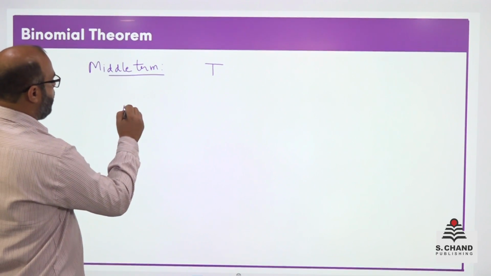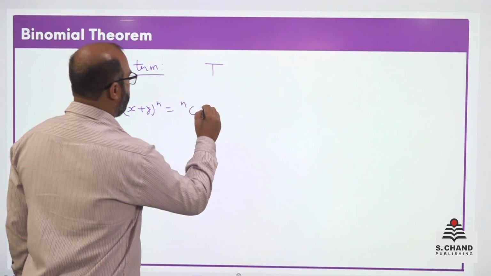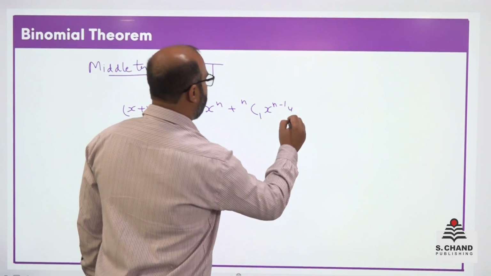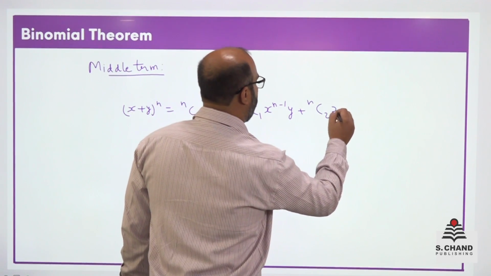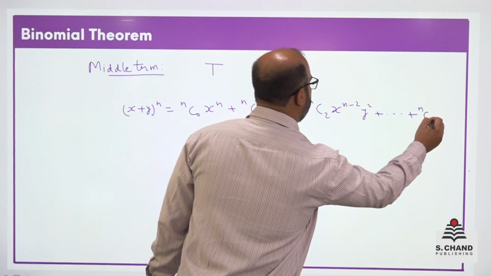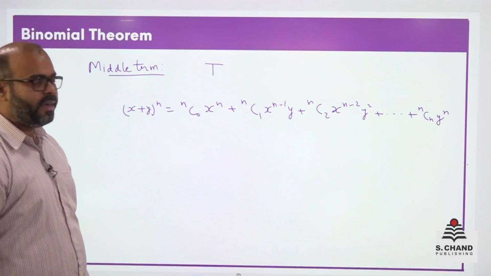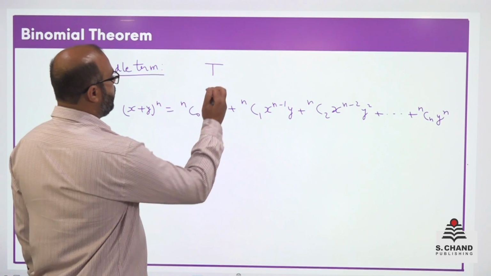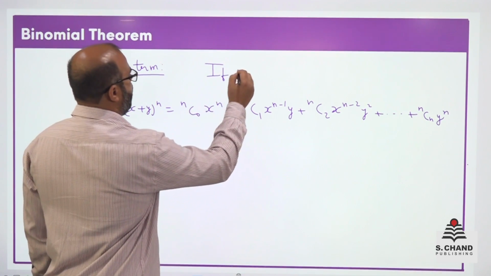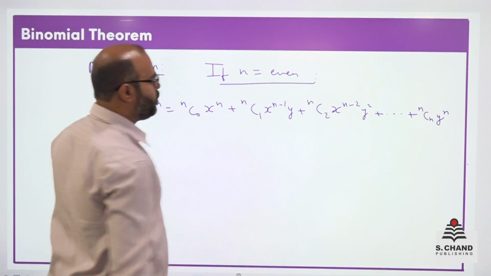So let us again write the expansion: (x + y)^n = nC0 x^n + nC1 x^(n-1) y + nC2 x^(n-2) y squared, and so on, up to nCn y^n. Now if you want to see the middle term, consider first the case where n is even.